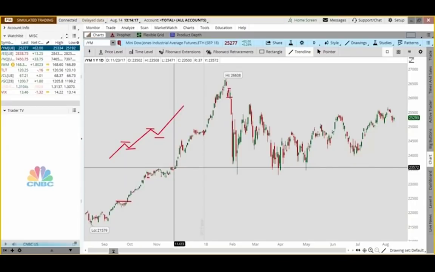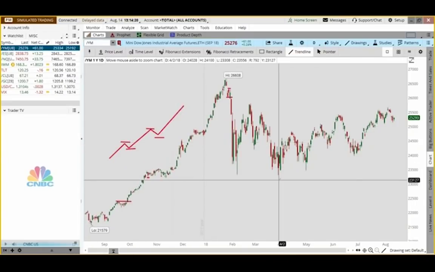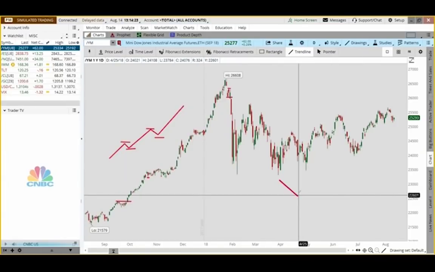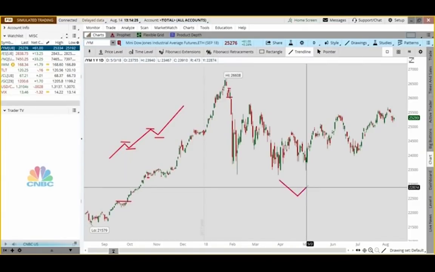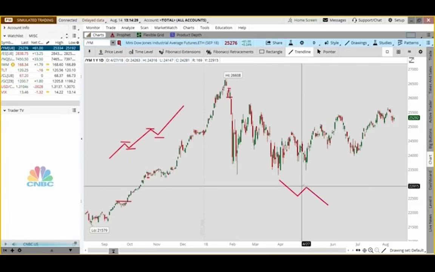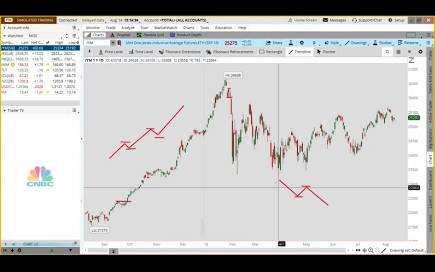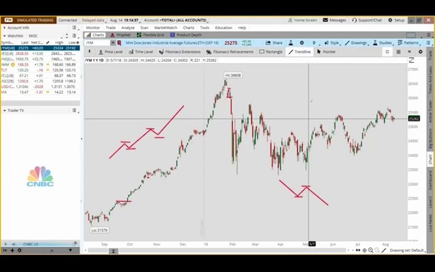So these are your pivot lows, these are your pivot highs. It works the exact same way going in the opposite direction, okay? Stock will zigzag, okay? Pivot highs are the highs, pivot lows are the lows. Why are they important? They help us identify support and resistance.